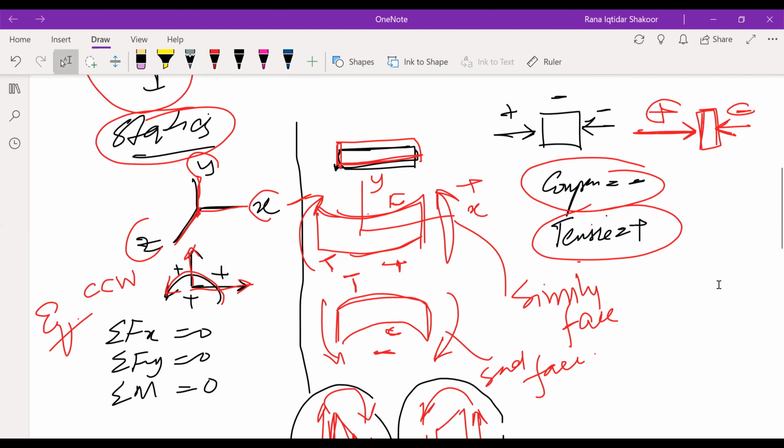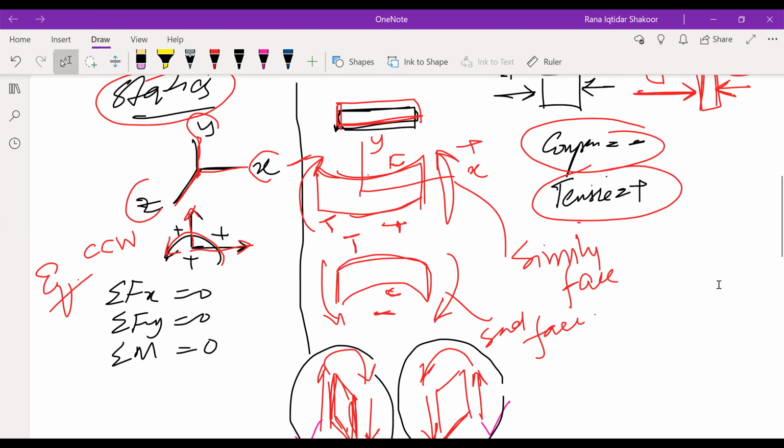Likewise, if you come to this point, you can see that this is positive and this is negative statically. And this positive and negative moment is causing negative bending. Negative bending, right? And we know the characteristic of negative bending.